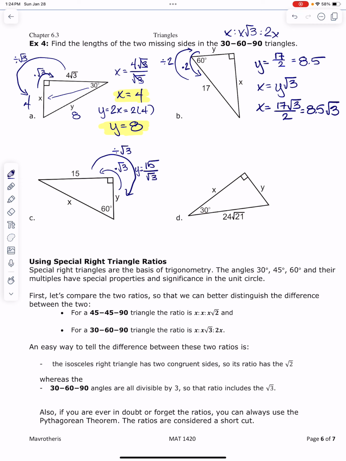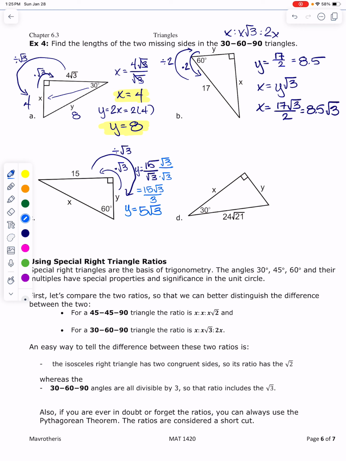Again, we don't like that radical in the denominator, so I am going to go ahead and multiply both denominator and numerator by square root of 3. Kind of an ugly one, but it works. I get 15 square roots of 3 over 3. Square root of 3 times the square root of 3 is 3. And we get y equals 5 square roots of 3. That 3, which is a whole number, goes into the 15, the whole number part, does not divide the radical part.